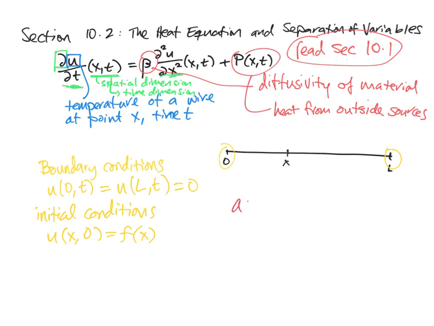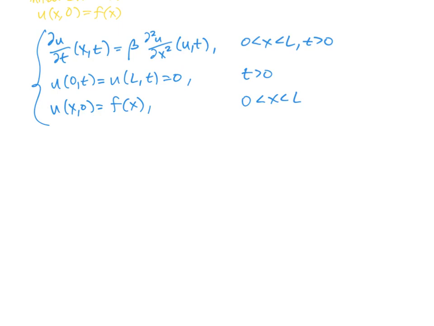So for right now, we're going to assume that p is 0, that we don't have any outside heat sources, so that we just have our wire sitting in a vacuum. And then we can put everything all together and get this problem. There it is. There's everything all together. And so we're going to call this an initial boundary value problem.